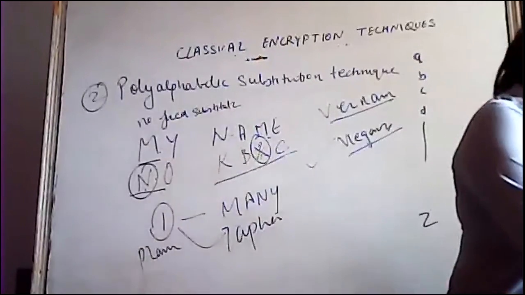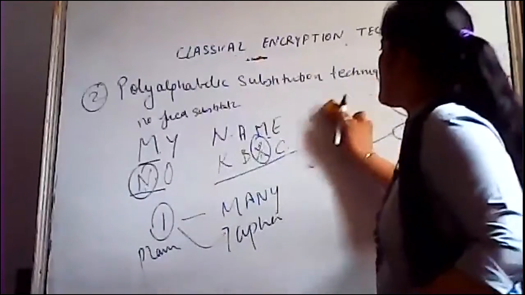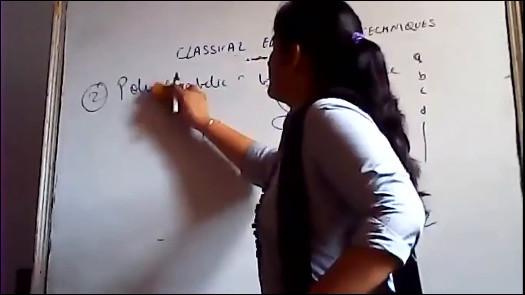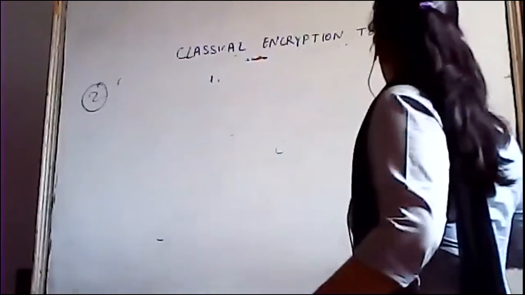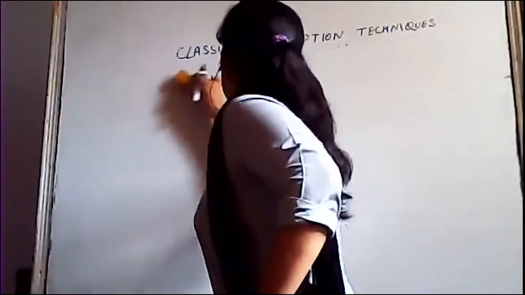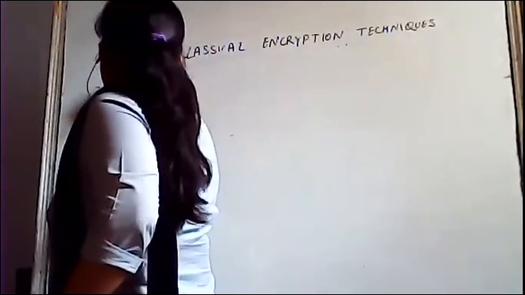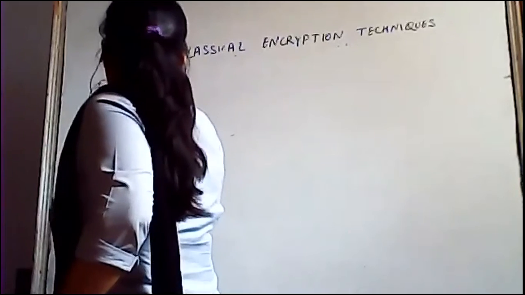Fine. So the third type is the Caesar cipher.